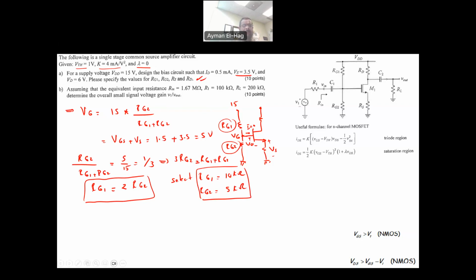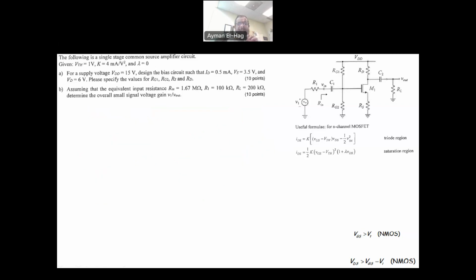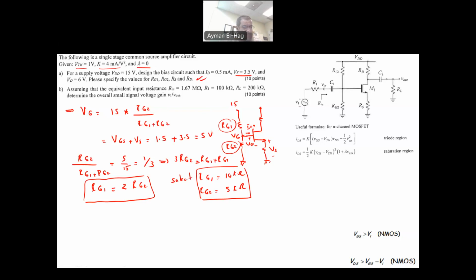Now let's go for the second part, which is the AC analysis. But before that, I forgot one important point that we also need to check. Remember, we assumed that the transistor is in the saturation region. Now VDS is equal to 6 minus 3.5, which is 2.5 volt.